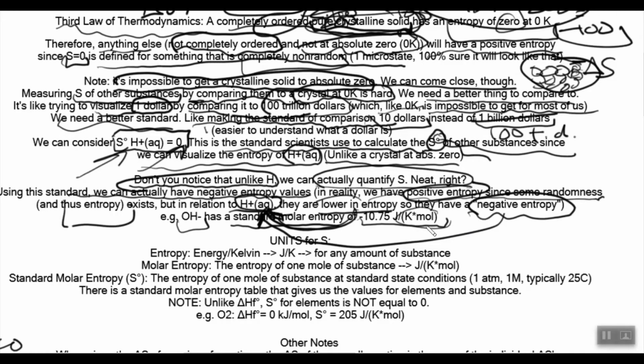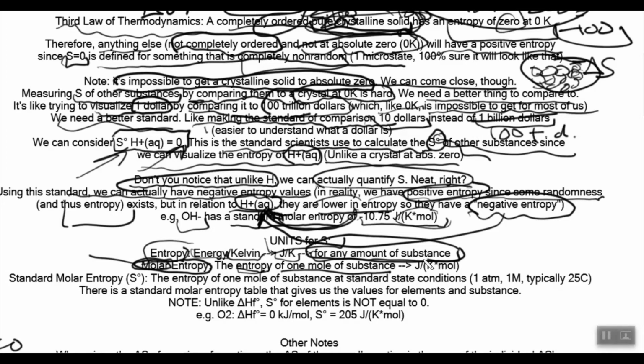Now, these are the units, and let's get into the units. Entropy is simply energy per Kelvin, J/K, for any amount of substance. So note that it's for any amount of substance. Now, molar entropy is a little bit more specific, obviously. It's actually the entropy of 1 mole of substance.